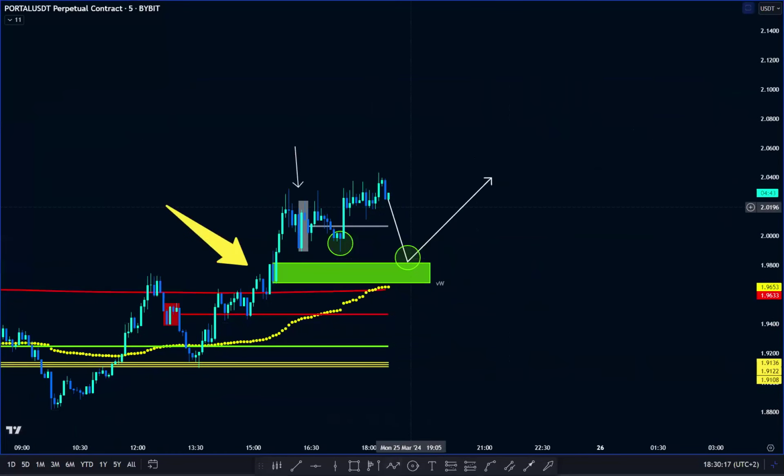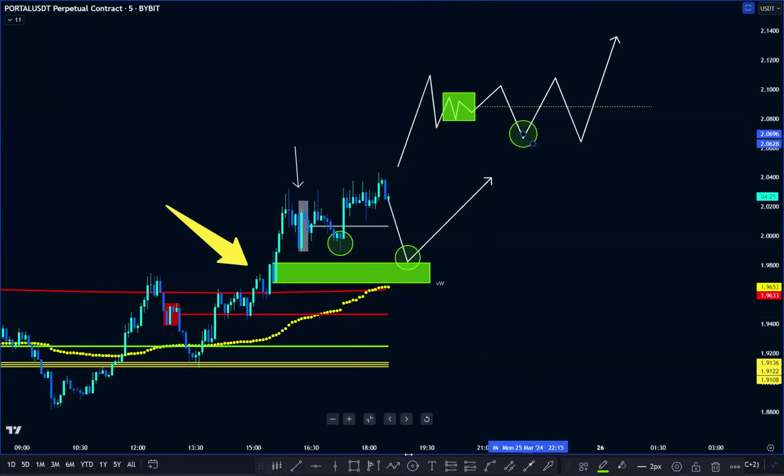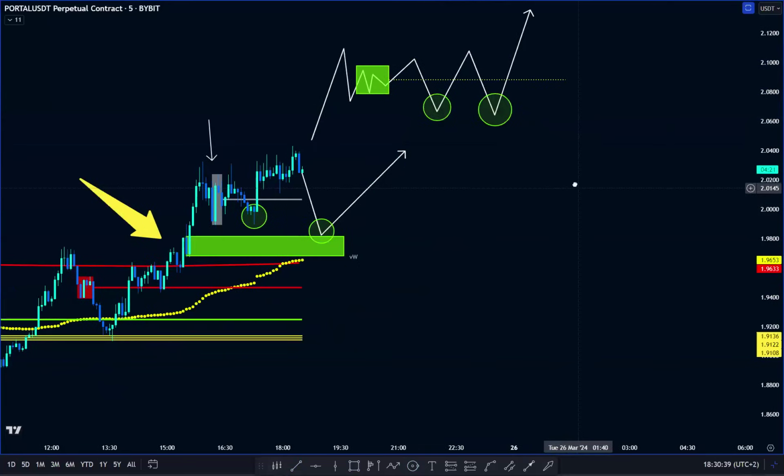If it doesn't, all you want to do is wait for price to maybe go higher. I'll show you. It'll go higher, wait for another contraction box to form, because this is how it plays out when it's in a trend phase. It'll come up, wait for another contraction box to form, and then when price is under the value line, we enter under the value line. Because when price is on a trend, it's on this continuation.